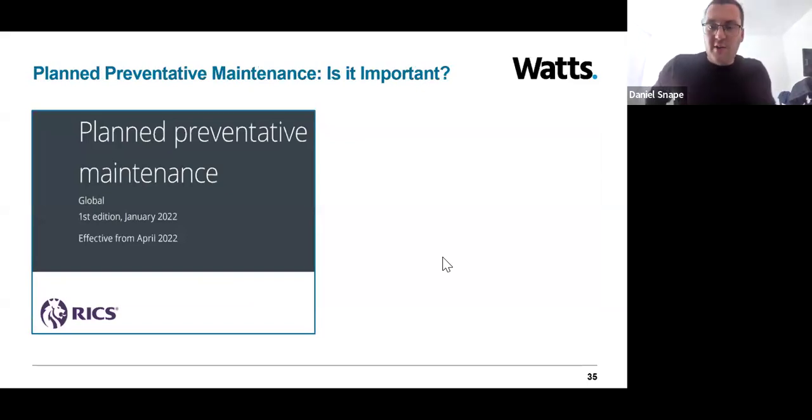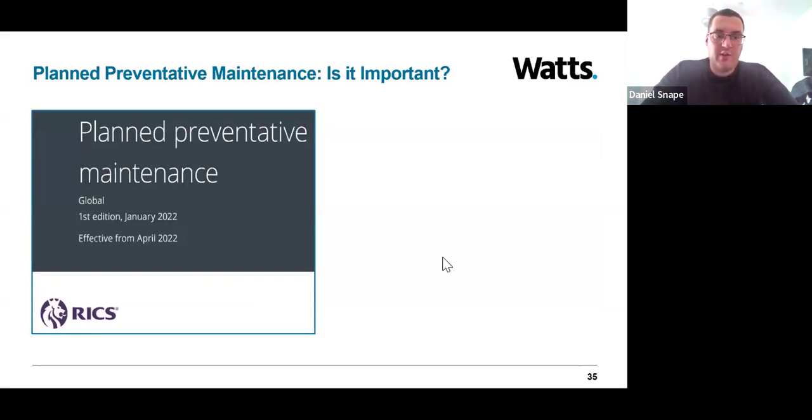And preventative maintenance. So this is quite a large topic, and there are quite conflicting views as to what sort of maintenance regime should be adopted. So the RICS have issued a professional standard for PPMs, and this applies to both commercial and residential buildings.